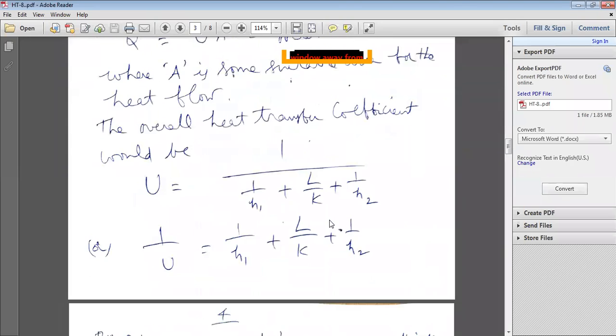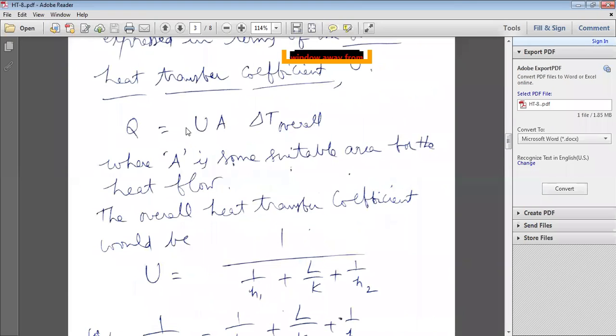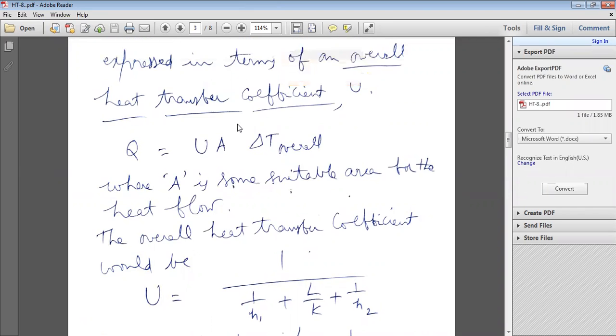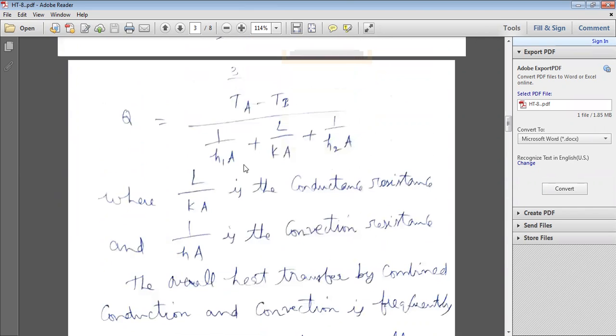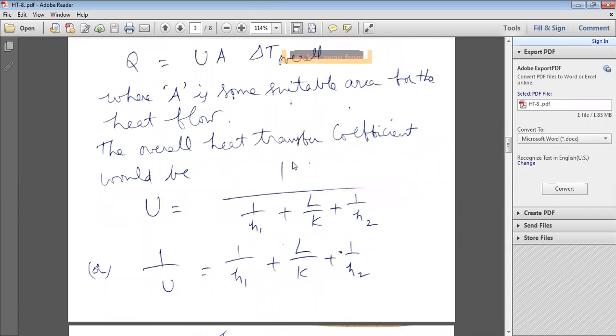This point is very, very important. All of you listen very carefully. The overall heat transfer coefficient U is equal to 1 divided by (1 by H1 plus L by K plus 1 by H2), or 1 by U is equal to 1 by H1 plus L by K plus 1 by H2.